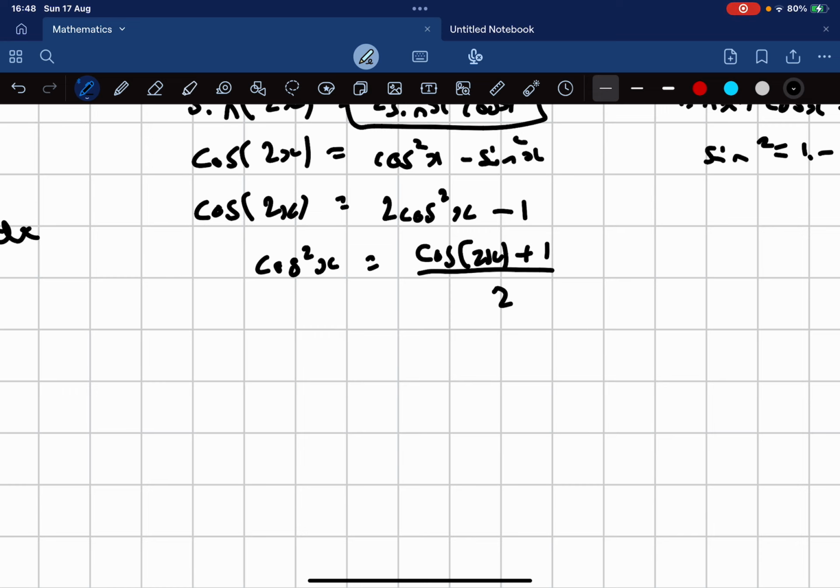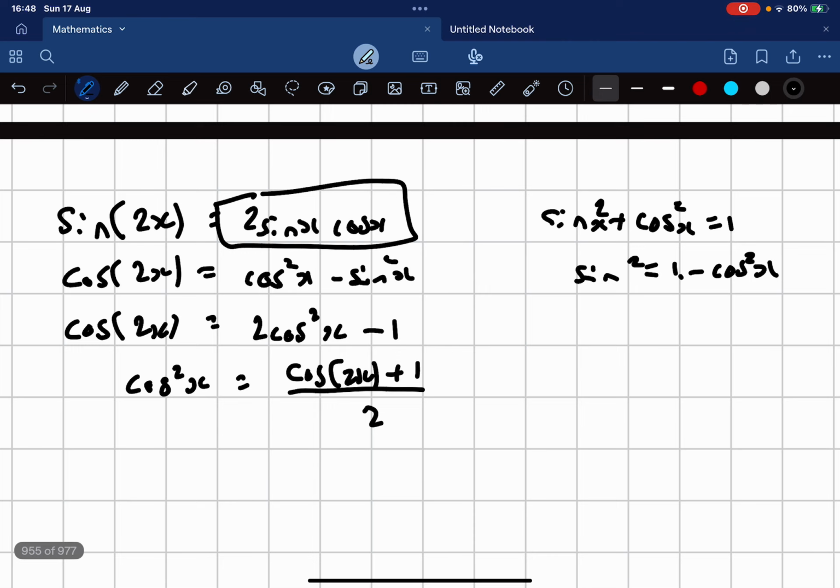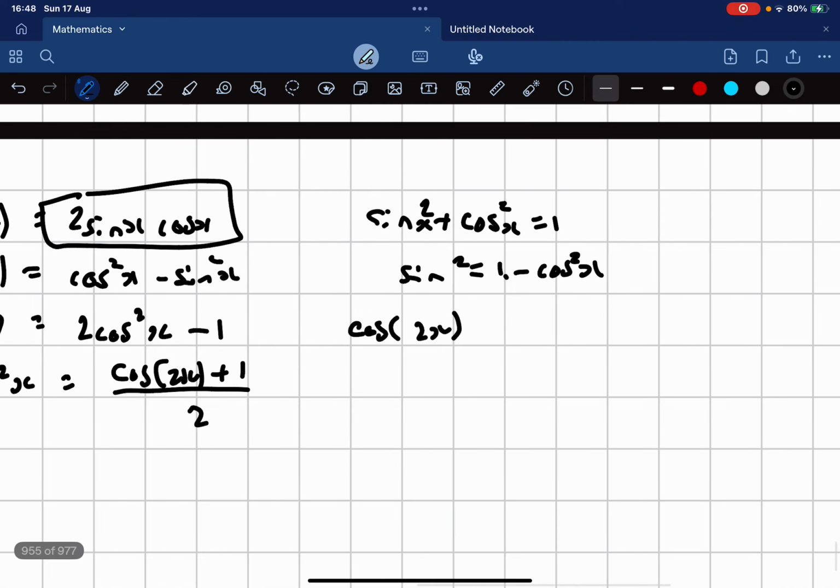Similarly, cos of 2x is equal to 1 minus sine squared x minus sine squared x, so 1 minus 2 sine squared x. So sine squared x is going to be (1 minus cos of 2x) over 2.